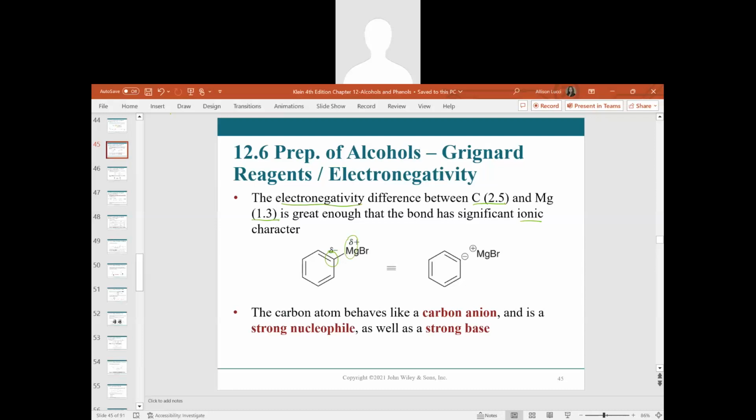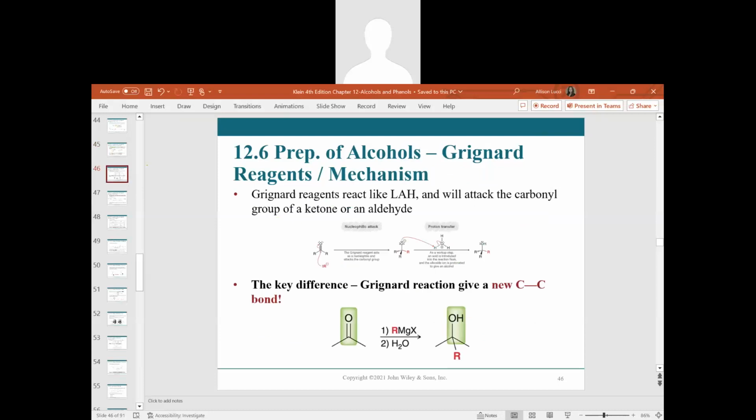So the carbon is more electronegative, so it gets that partial negative charge associated with it, whereas the magnesium is more electropositive. So what happens is that carbon atom will behave like a carbon anion. And this is both a strong nucleophile and a strong base. So that is how this type of reaction occurs.